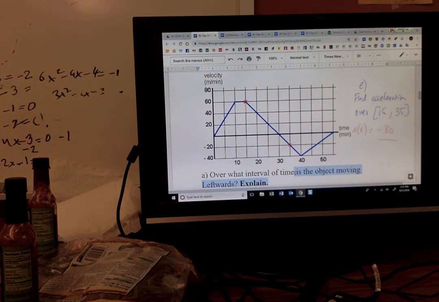Correct? Negative 80. Okay, I'm at 15. I'm going to 35. What's your run? 20. Everybody okay there? Those of you in physics will know this better. The rest of you accept it like religion. Meters per minute squared. We'll discuss on Monday why that's the stupid unit of acceleration.